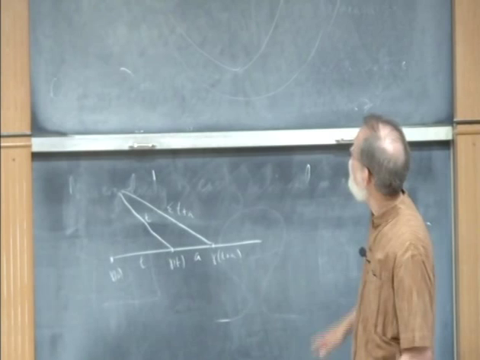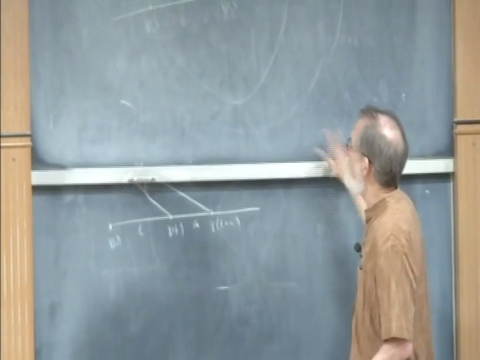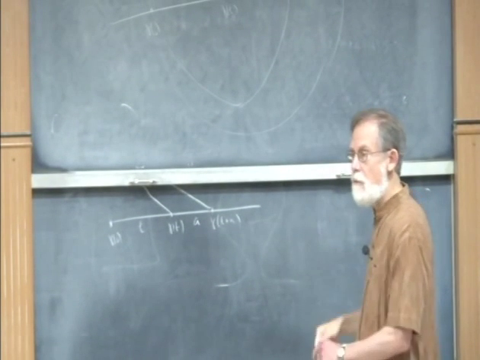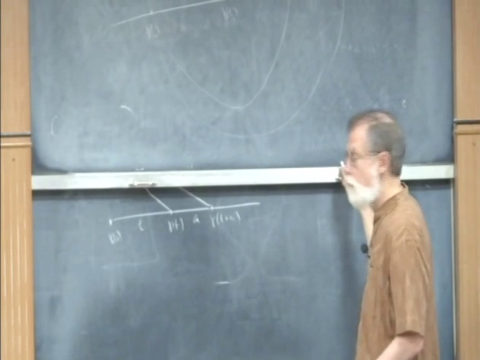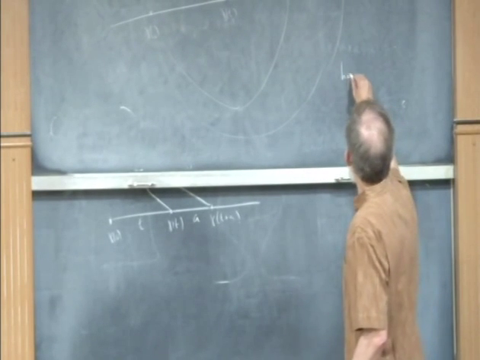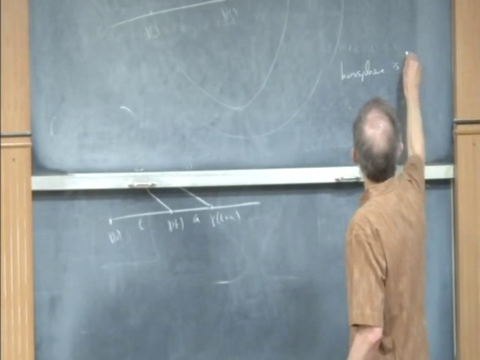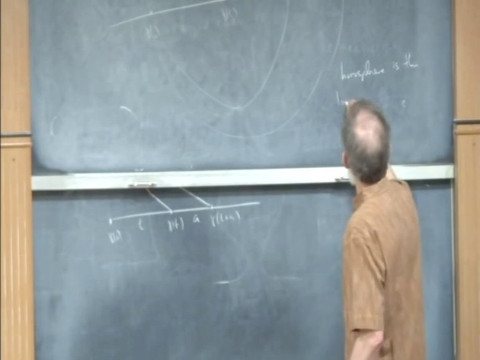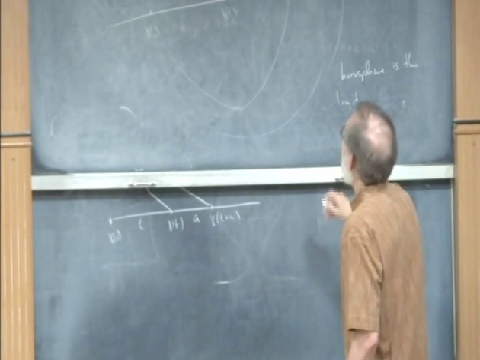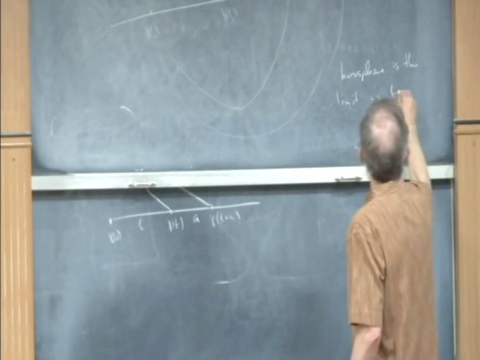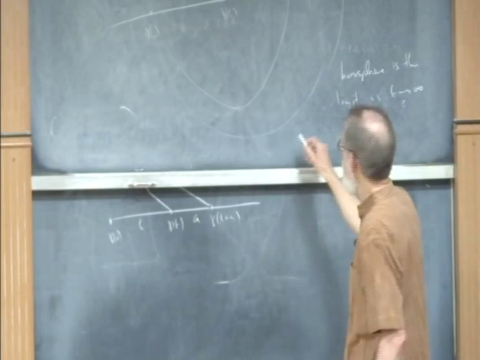So you get this picture of nested spheres. And so the horosphere is the limit as t tends to infinity.